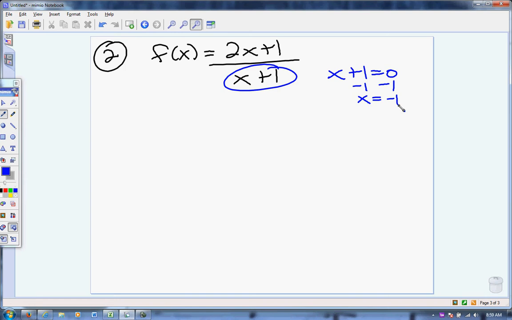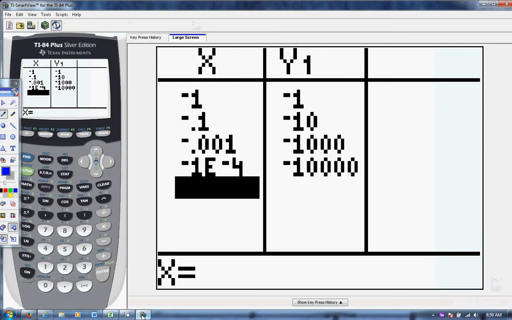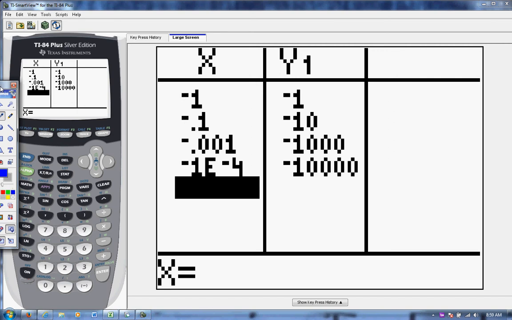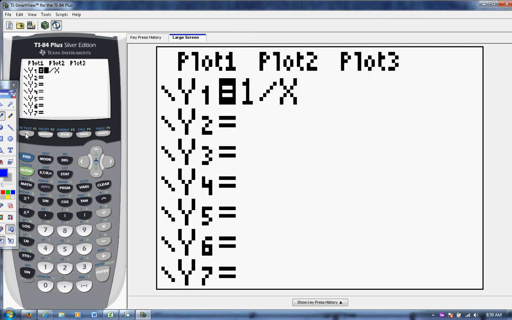So if I look at the graph of this one, let's go to the graphing calculator. The graphing calculator does not do a fantastic job graphing rational functions. I'll just tell you that right now. Now notice how we plug in this function. The numerator has to be in parentheses.